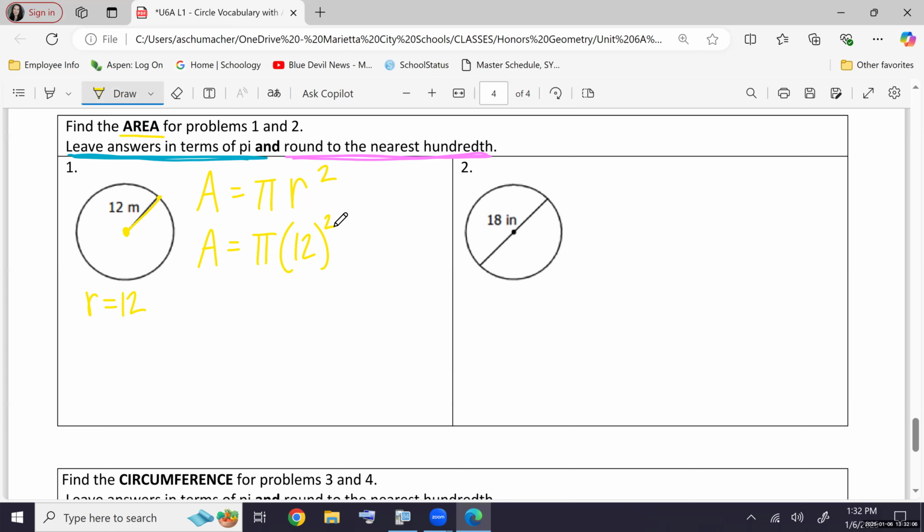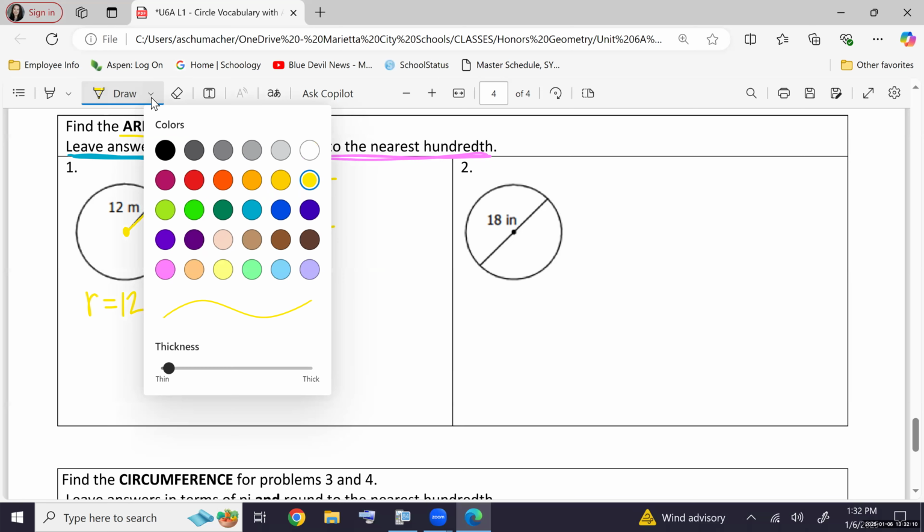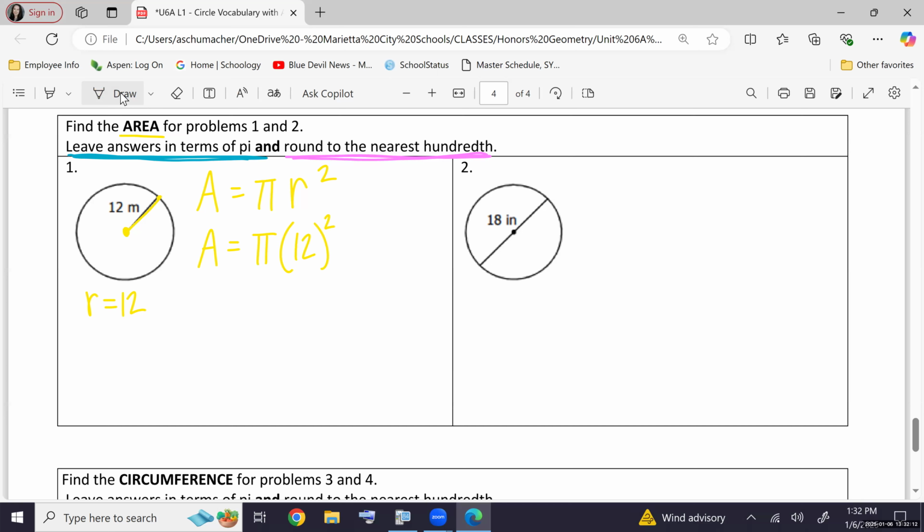Now we are going to get both of these answers, leaving our answer in terms of pi and rounding to the nearest hundredth. We'll do leaving our answer in terms of pi first. When we leave our answer in terms of pi, we ignore that the pi is there and only focus on the parts of the equation that do not include pi. In this instance, it is your 12 squared. Order of operations says to do exponents before multiplying.